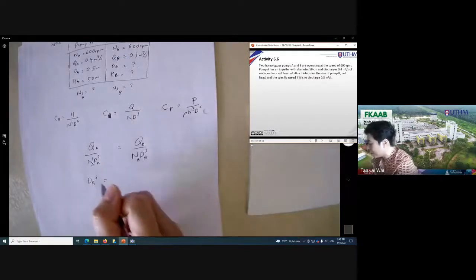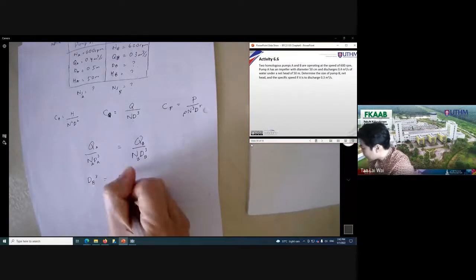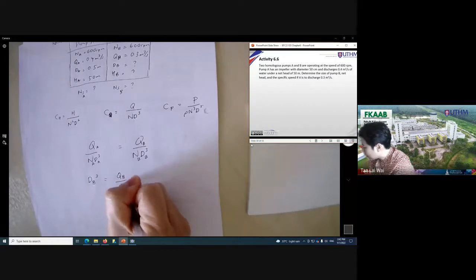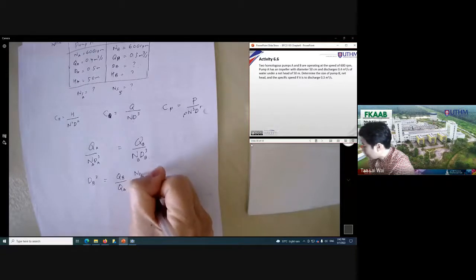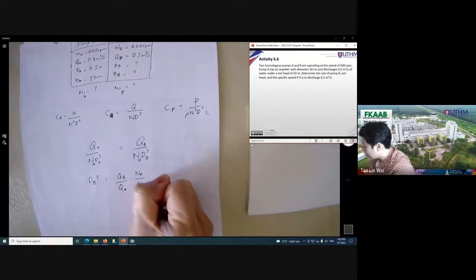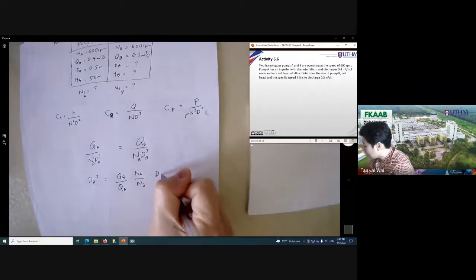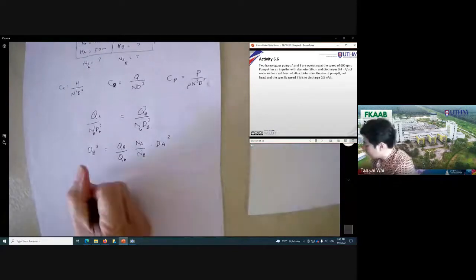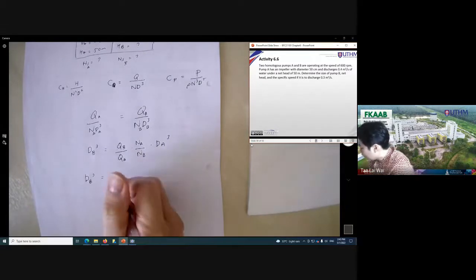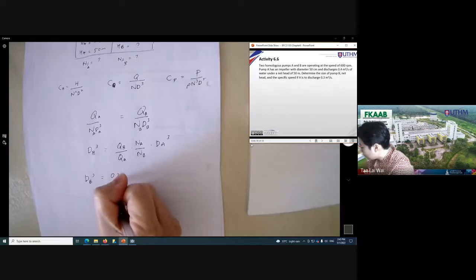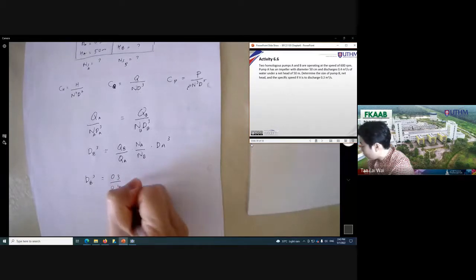So I'm going step by step. So I'm going to rearrange this. QB divided by QA. And then I have NA divided by NB. What else? dA to the cubic power. So I have that. So dB cubic power is, my QB is 0.3 divided by 0.4.